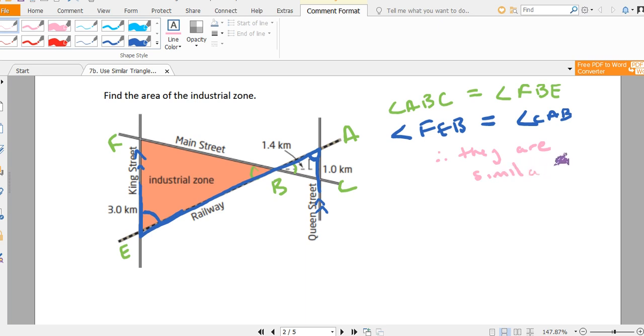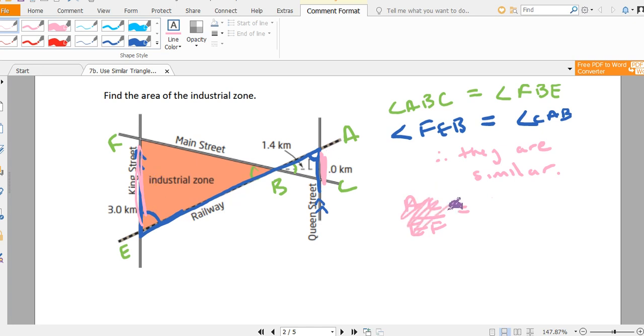So then if they are similar, then I can look at the scale factor. So obviously we're looking at AC over EF, for comparing from 1 to 3. Okay.